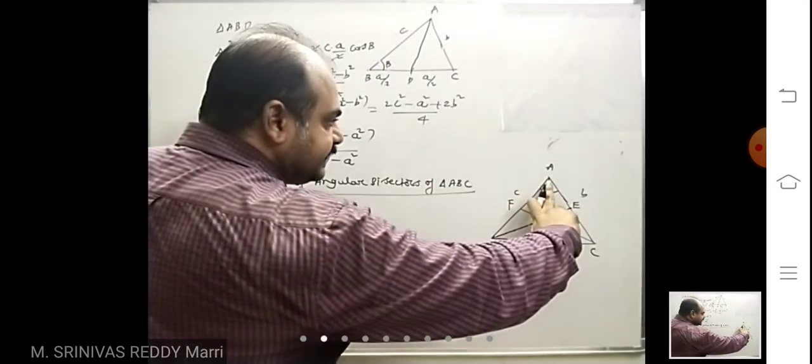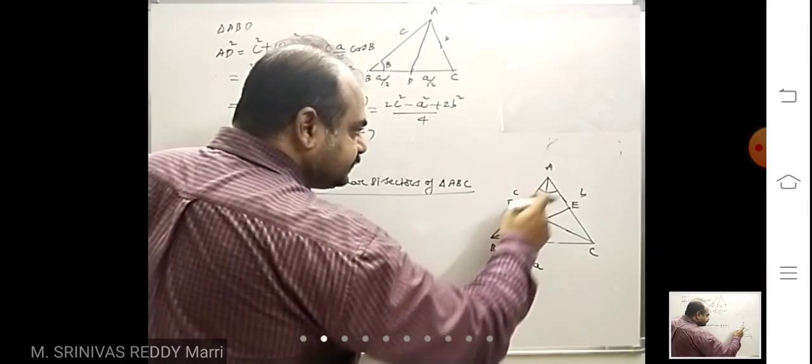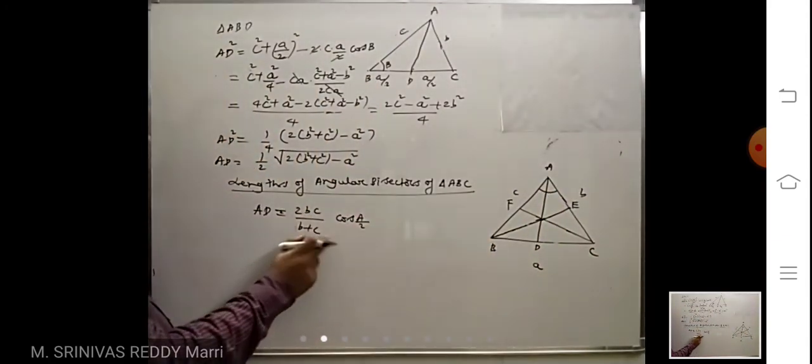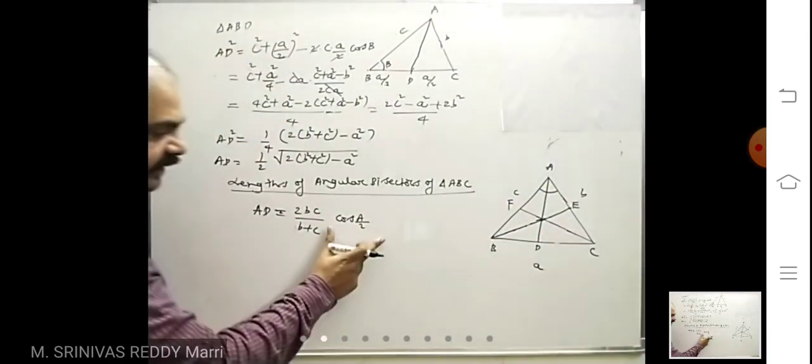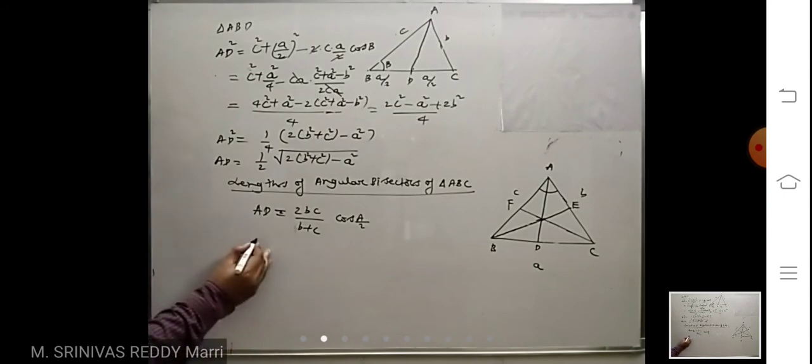For the angular bisector passing through A, two side lengths are there, B and C. This is the formula for the angular bisector passing through A.